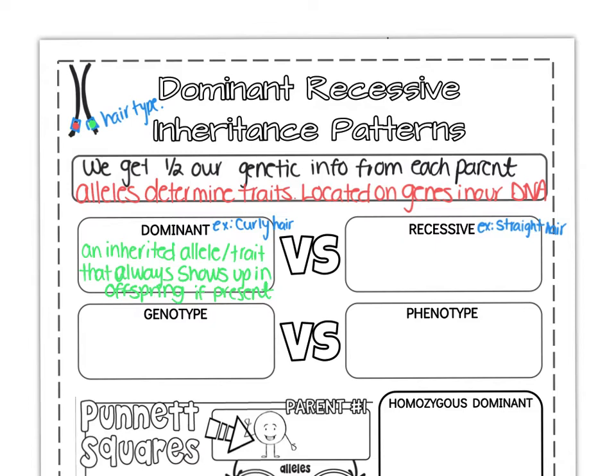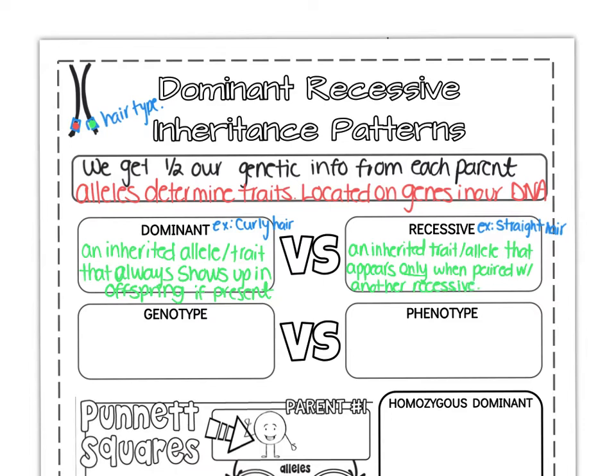A recessive trait is an inherited trait or allele that shows up or appears only when paired with another recessive.